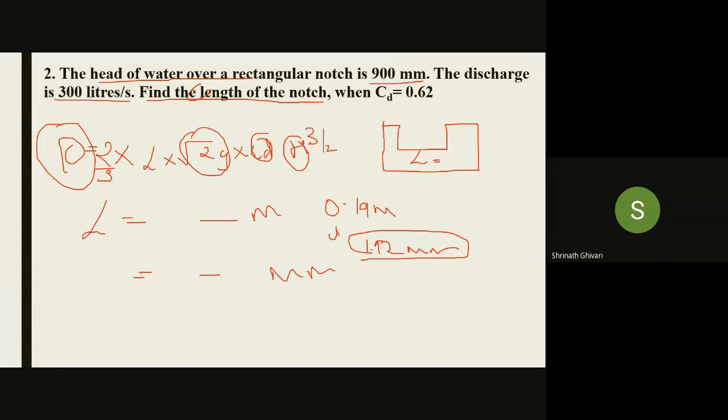Okay, correct? 0.1919 meter, sir. So 0.1919, how can you do it? So this is 9, it is more than 5, so just round off the next number. Yes, sir. Okay, this is your answer. In terms of meter, convert it into mm, it will be 192. Okay, done. Easy problem.